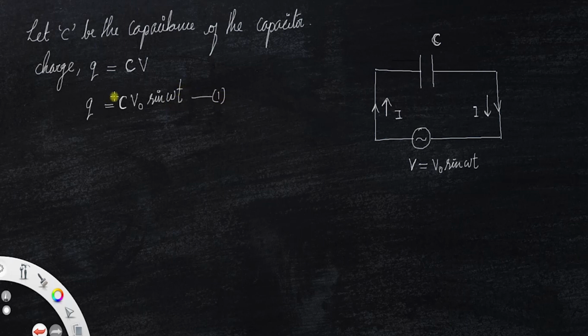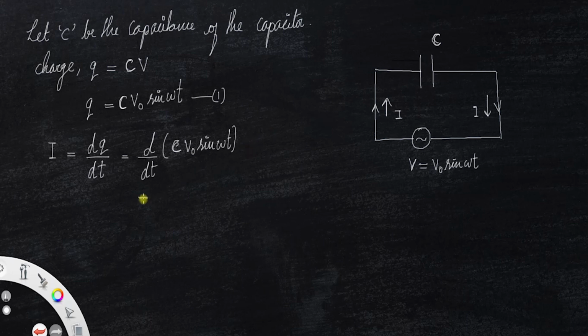Now from the charge, how will you find the value of current? The current at any instant will be the rate of change of charge with respect to time, or the derivative of charge with respect to time. So it will be d by dt of CV0 sine omega t.